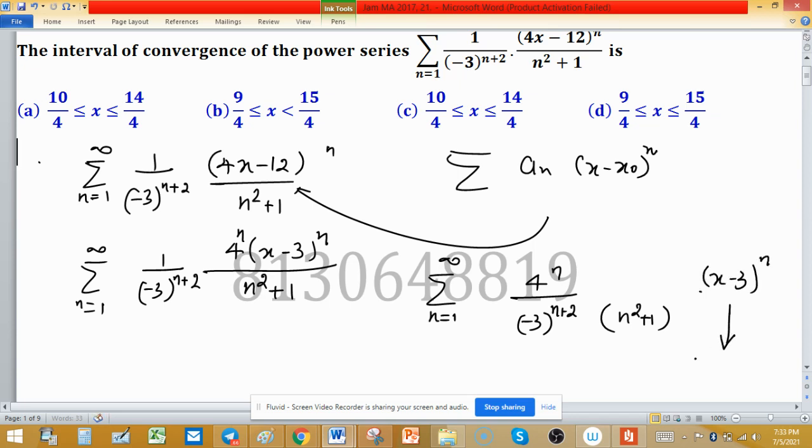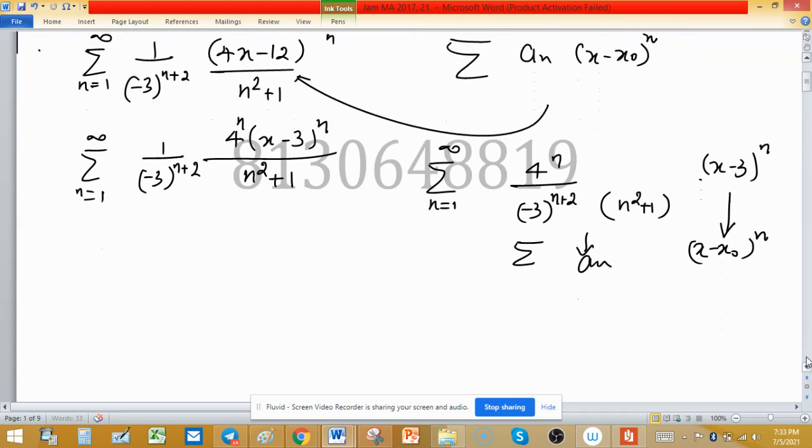So this will play the role of (x minus x naught) raised to the power n, and this will play the role of a_n. So the series can be considered in the standard format a_n (x minus x naught) raised to the power n. When the series is in standard format, we can find the radius of convergence with the help of a_n divided by a_(n+1), and we need to check the limit of this expression.